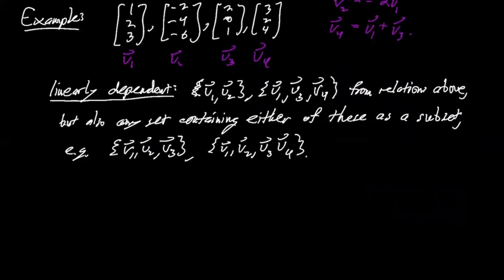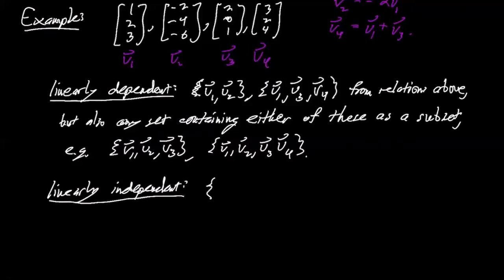Linearly independent examples. Well, v1 and v3, I claim, are linearly independent. Because, well, we'll see with two vectors, as long as one's not a multiple of the other, they're independent of each other. They basically point in different directions in space, right? So v1 and v3, and along the same lines, if you look at this equation right here, any two of the three will be linearly independent because you need all three to make the dependence relation.